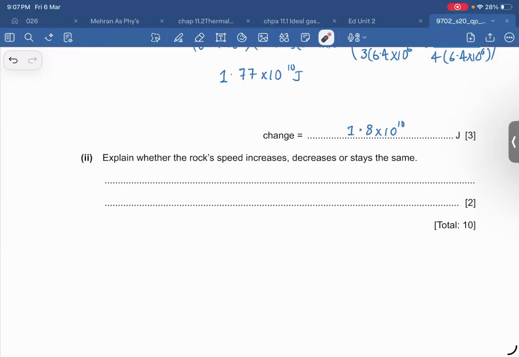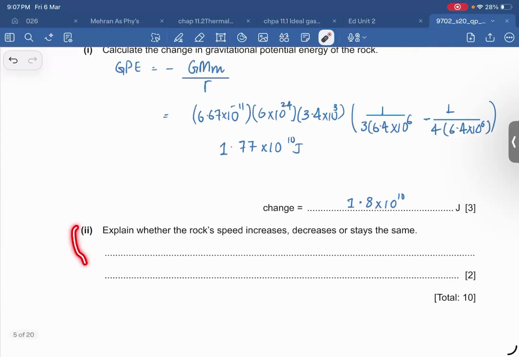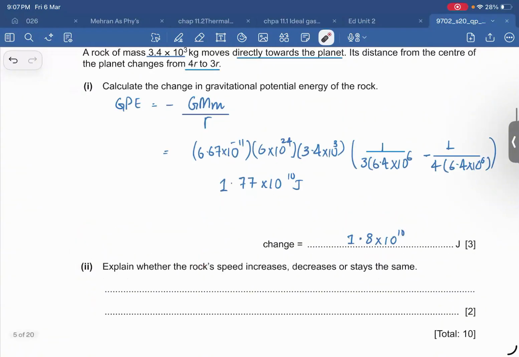Explain whether the rock speed increases, decreases, or stays the same. Basically every next part is connected with the previous part. So if you know what you are doing in the part that you have done, then you can answer the next part easily. That's very important.